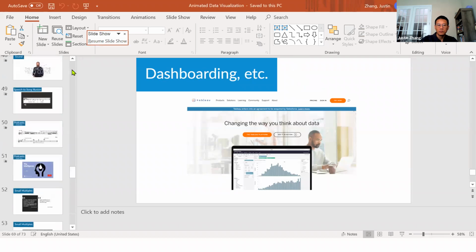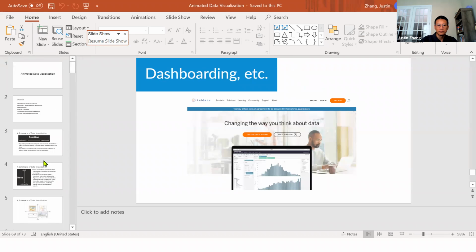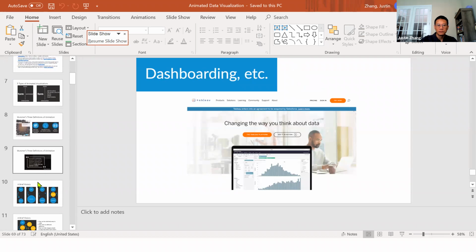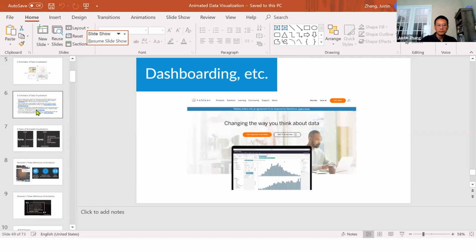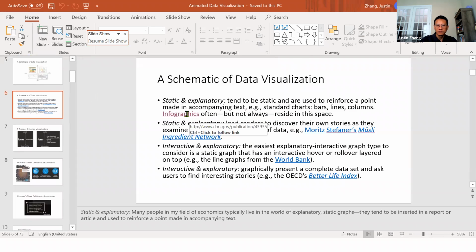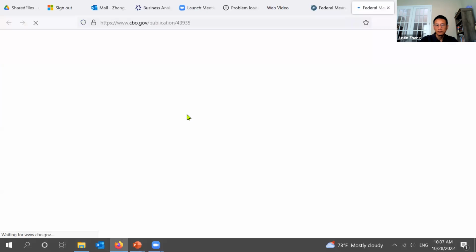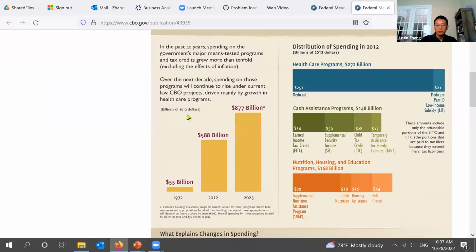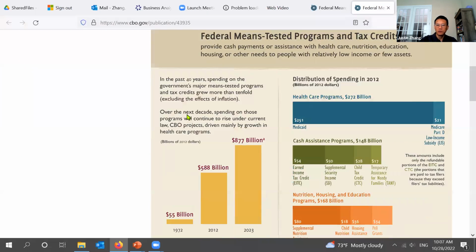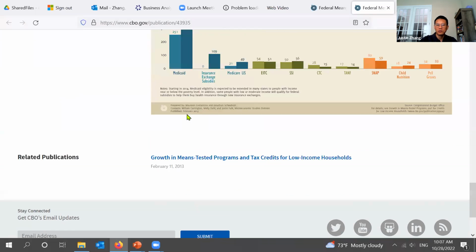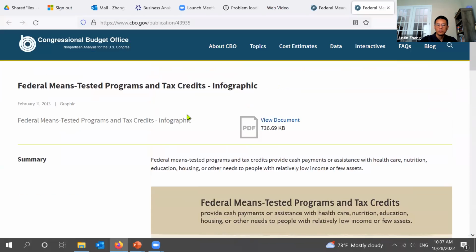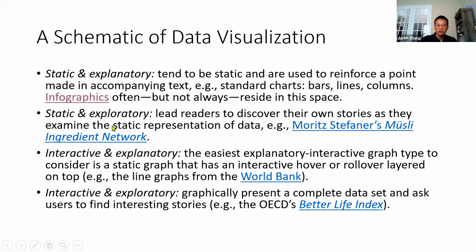Let me go back to the slide. So here is the first example. It's more like an infographic, which we will talk about in the following modules. And the second example is this Moritz Stefaner loosely ingredient network.